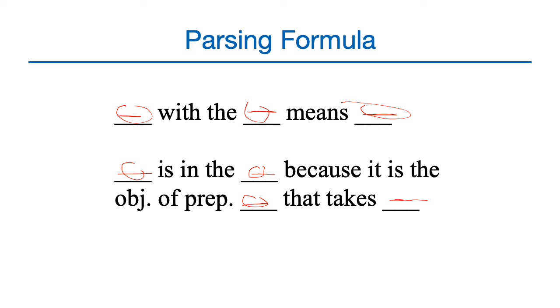Look up that section, read it for clarity. That text is from the preposition apo, that takes the genitive case. It's that easy. Up here, for the preposition, you can say apo with the genitive means from. Theou is in the genitive because it is the object of the preposition apo that takes the genitive.